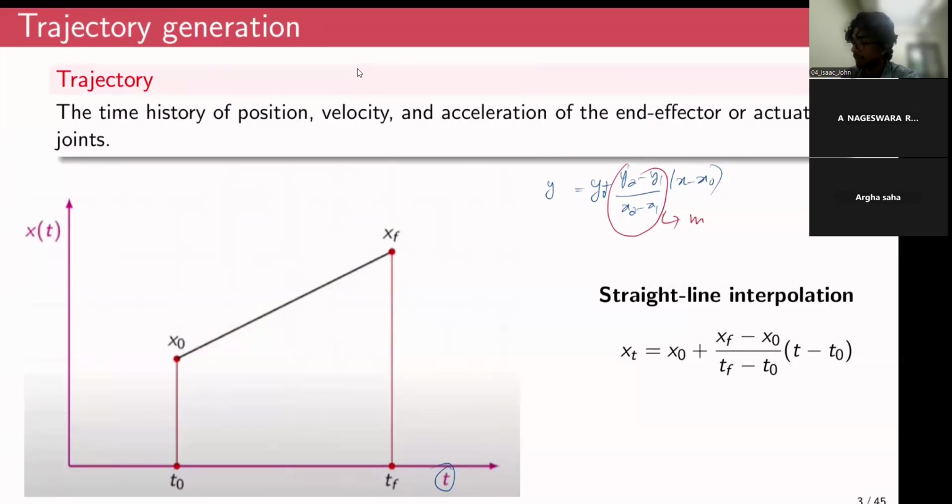So this can also be further reduced into y equals m multiplied by (x minus x0) plus some y-intercept c.